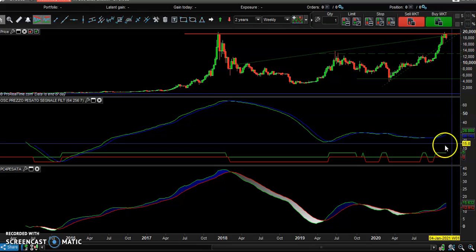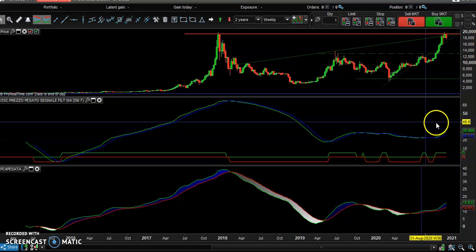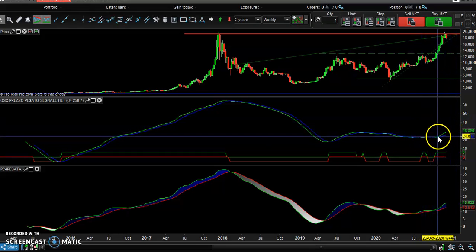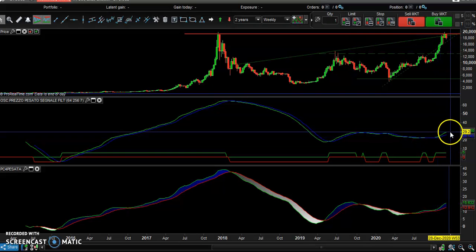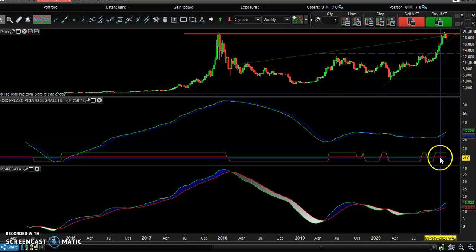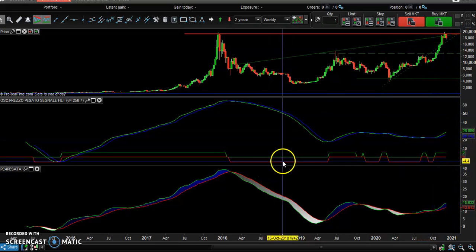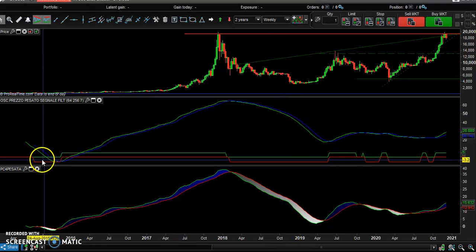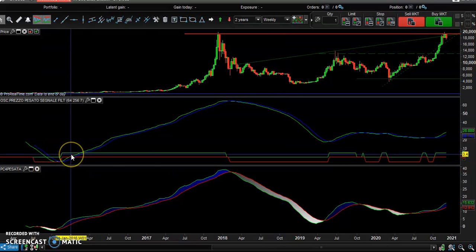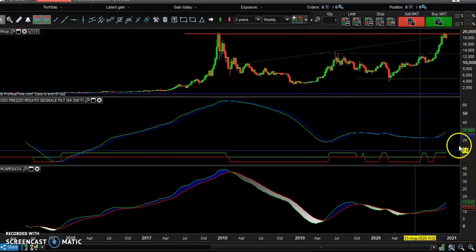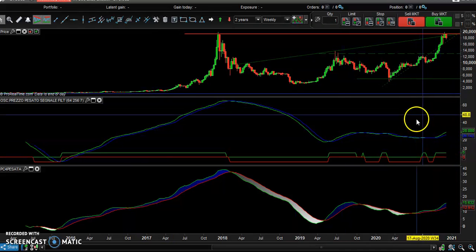But most importantly, both indicators are oriented positive, with the green curve crossing above the blue one, both of them oriented upwards, and we are also above the zero line. As you can see, the value is 28. For example, here we were below the zero line, which is an extremely negative signal. So here we are respecting all the conditions.